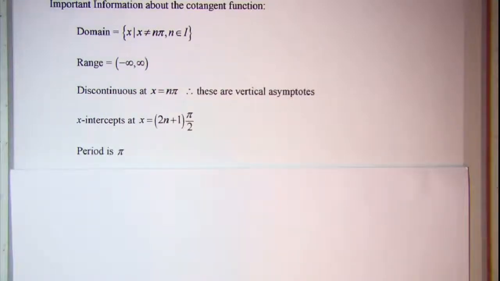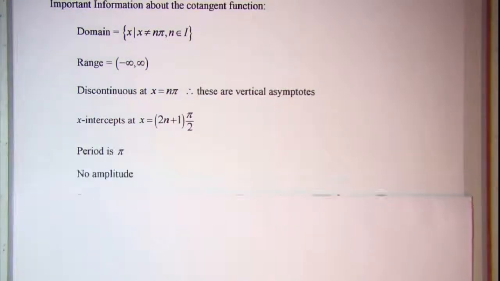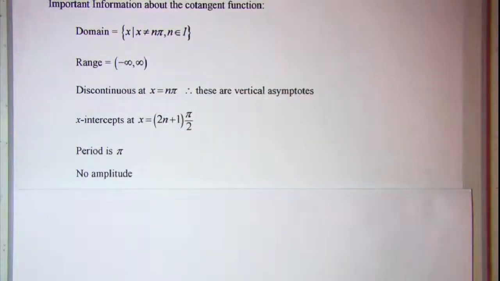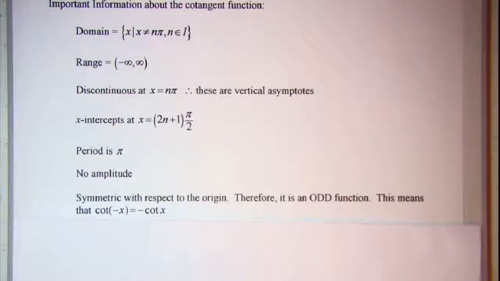The period is pi. We have no amplitude. The coefficient of the cotangent function represents a stretch or a shrink of the curve. And it's symmetric with respect to the origin. Therefore, it's an odd function. That means that the cotangent of negative x is equal to a negative cotangent of x.